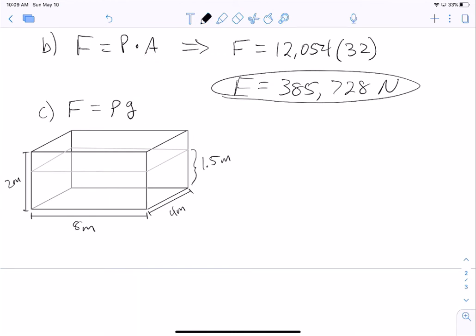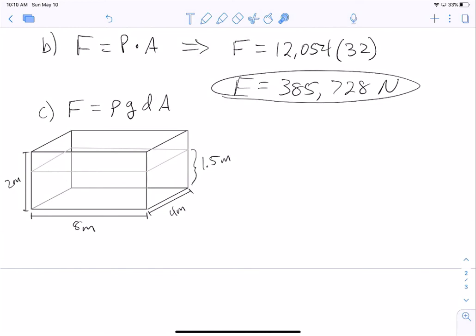Rho times gravity times depth times area. And as you're considering force in this section, if you can remember rho, gravity, depth, and area, that really is the key. Now what we need to do is consider the area on the side of the tank and the depth on the side of the tank.